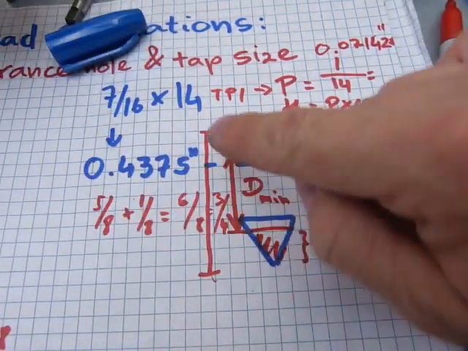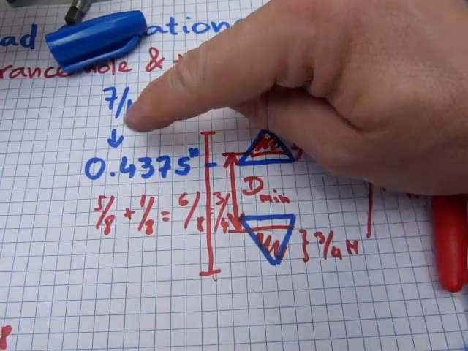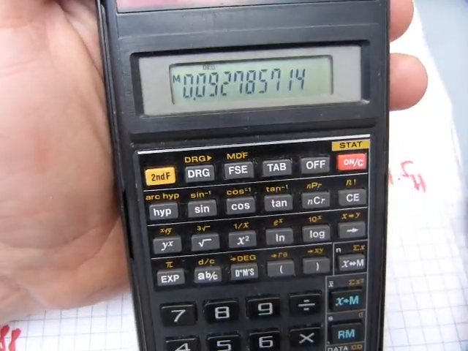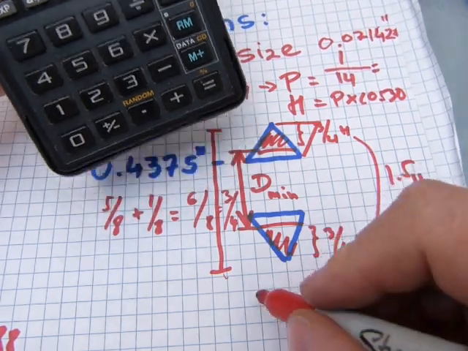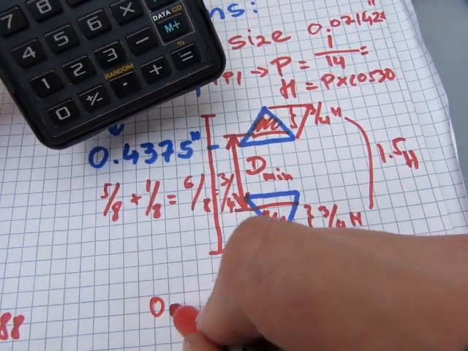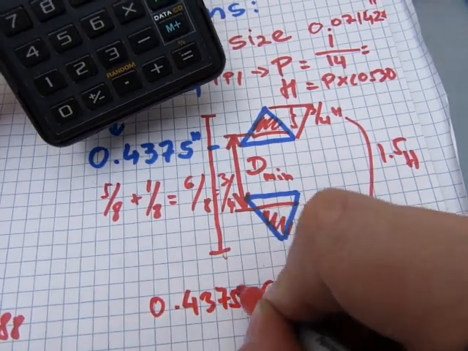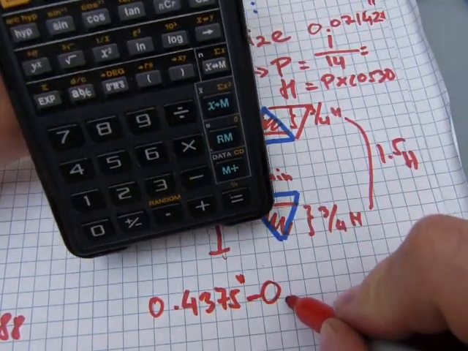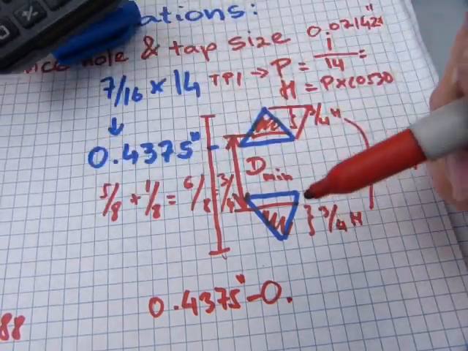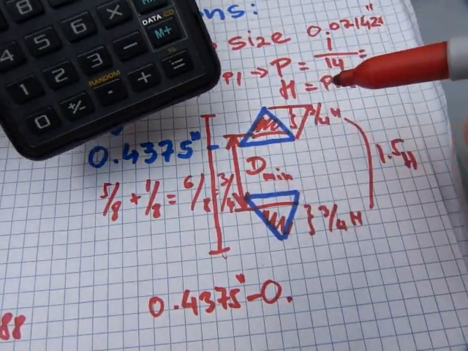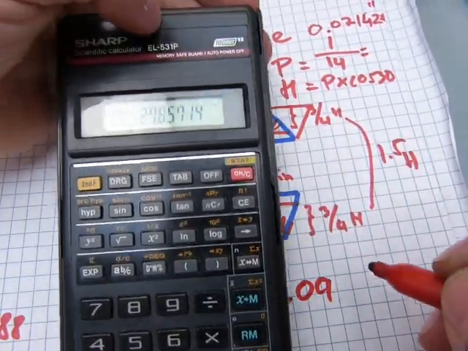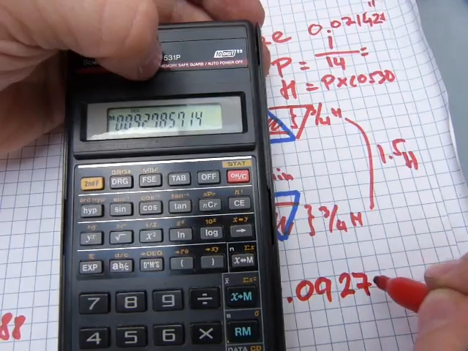So I need to subtract that from 7/16 of an inch. I'm going to write this one down: 0.4375 inches minus 0.09278.